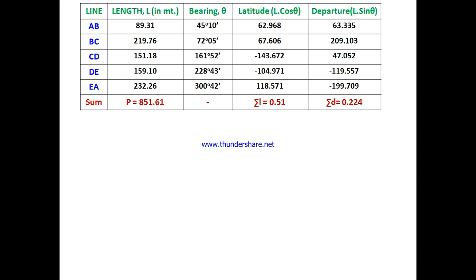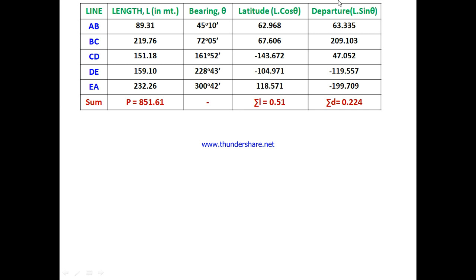Therefore in the third quadrant both values are taken as negative, and for the fourth quadrant only the departure value, that is L sin theta, is taken as negative. Why? Because it is projecting towards the west direction. But here the latitude is in the north direction, so it is considered positive.